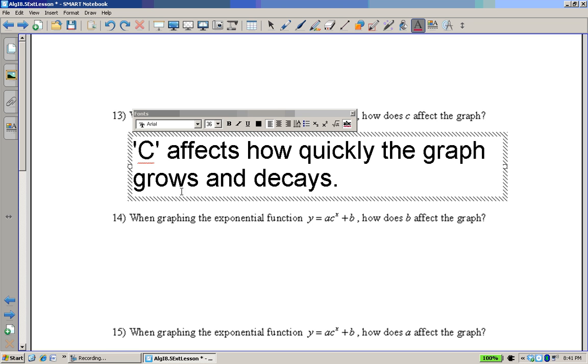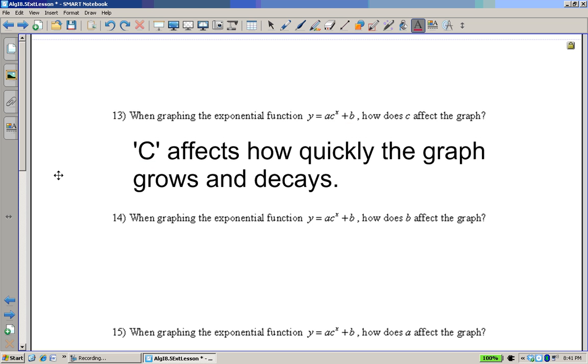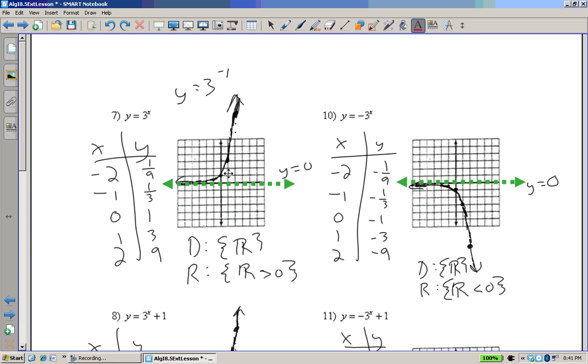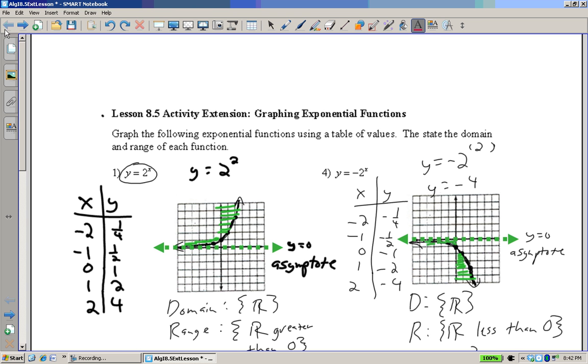You can think of it as how quickly it snaps to the graph. So here, with the base of 3, it goes up very quickly, snaps down very quickly, whereas with the 2, it's a little more gentle of a rise. If you had, say, a 10 or even a 20, it would stay very, very low and then snap very quickly up.